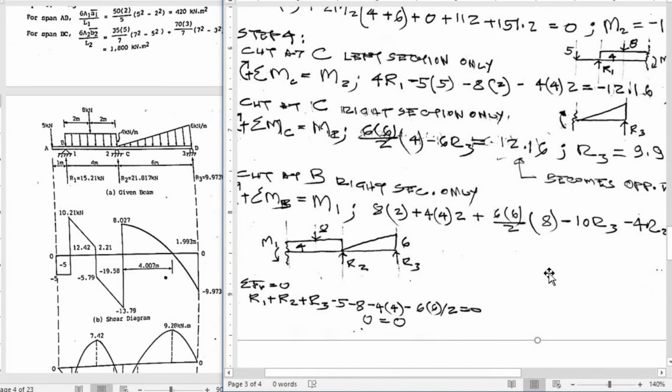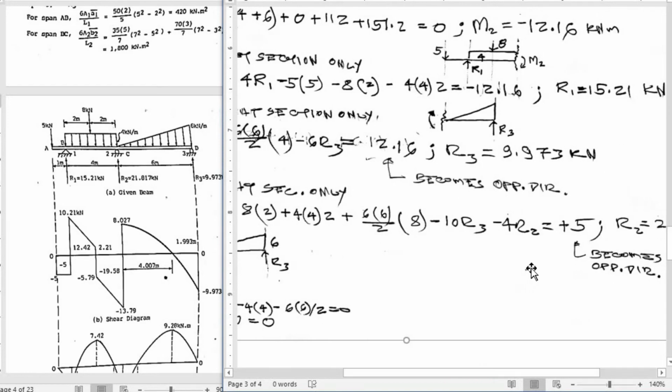So from here, pwede ka nang mag-summation forces vertical kasi dalawa na reactions mo, R1 and R3. But let's cut section at B. Okay? Para makuha natin yung reaction na isa, which is R2.